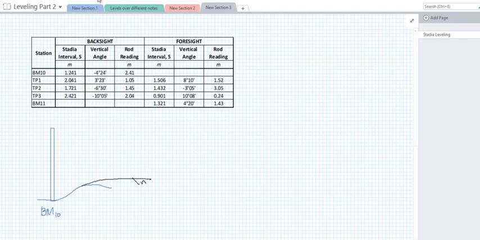We have a reading of 1.241 stadia interval, then the rod reading of 2.41. Let's say this is the 2.41. And this is the horizontal line of sight.